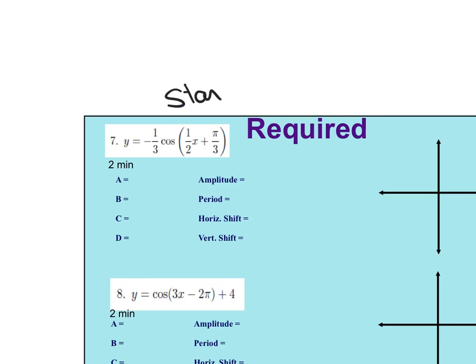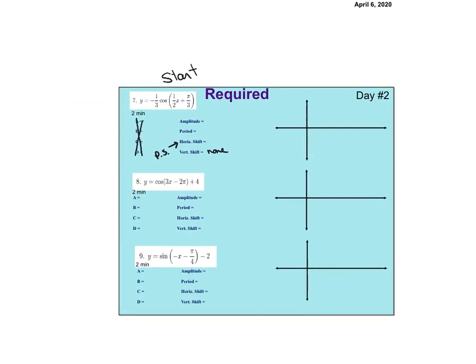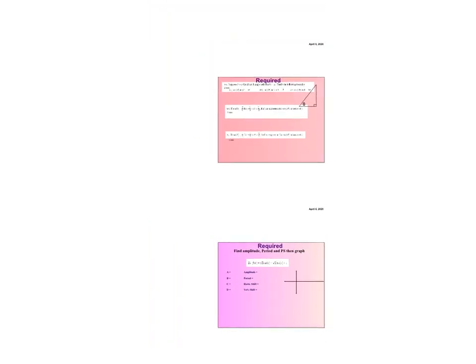You do not have to find A, B, C, and D, but I do want you to find the amplitude, period, horizontal shift. That's the same as your phase shift and the vertical shift. In this particular question, you'd write none because there isn't a vertical shift. And then you go ahead and graph it. So you have 3, 6, 7 problems to do, and then Dropbox when you're done.